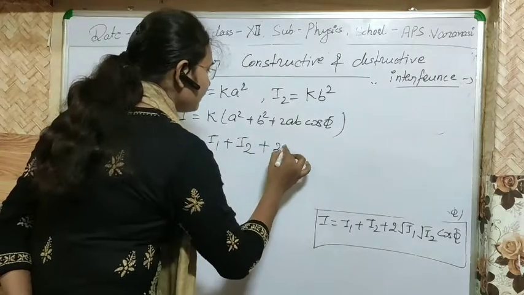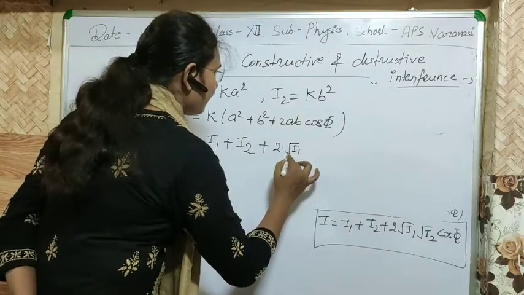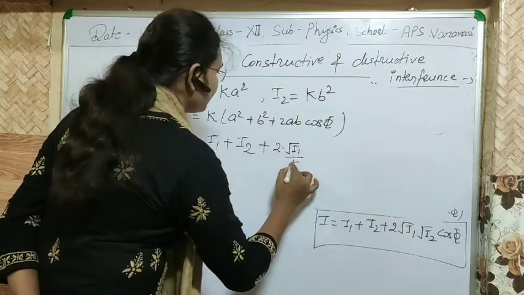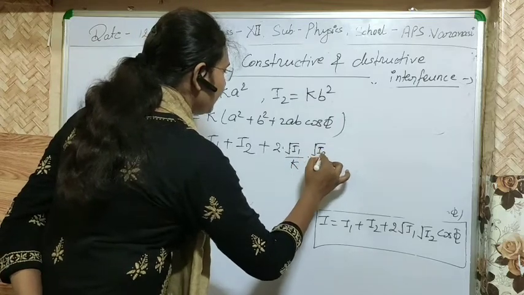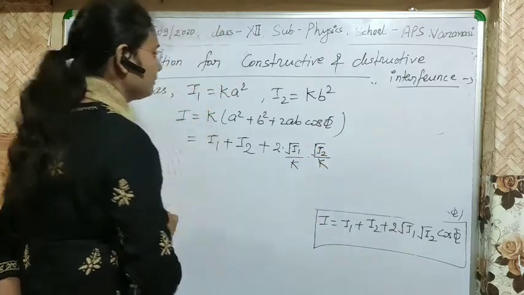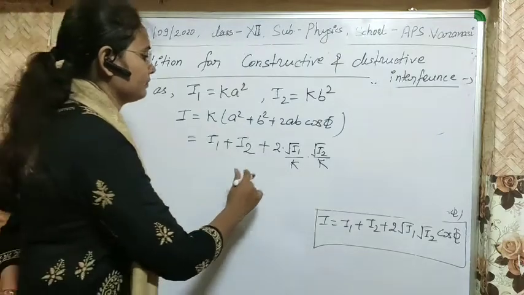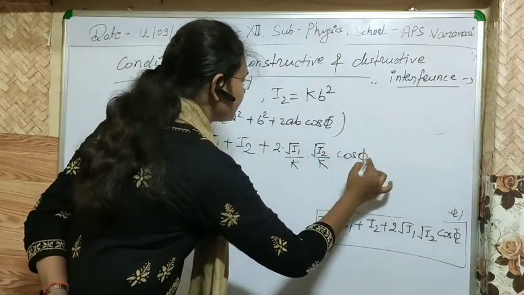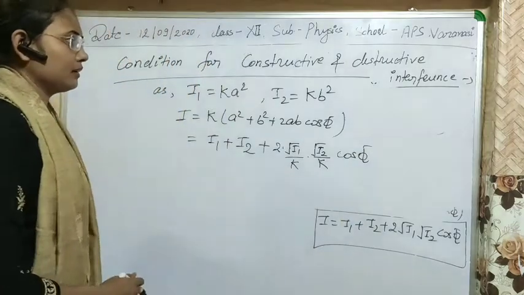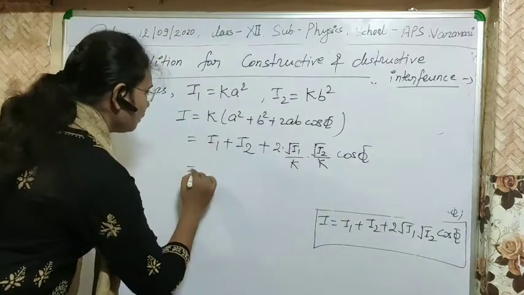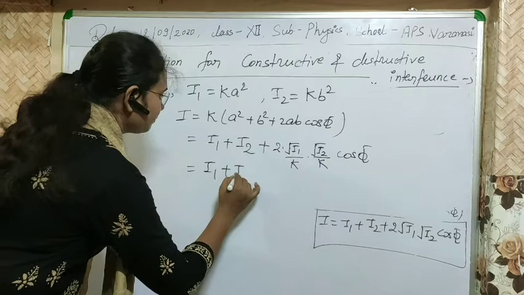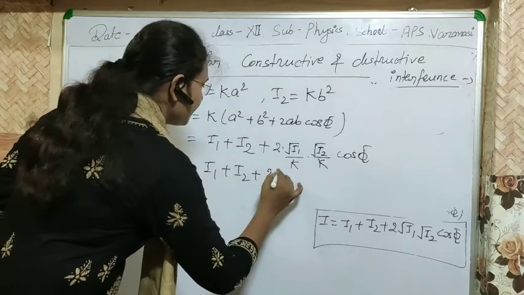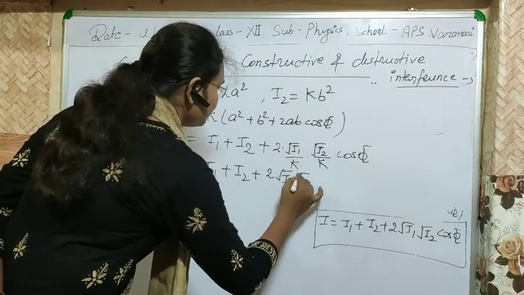So we can write I equal to I1 plus I2 plus 2 times root I1 I2 cos phi. Clear?